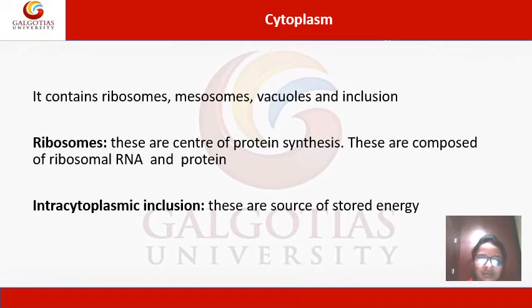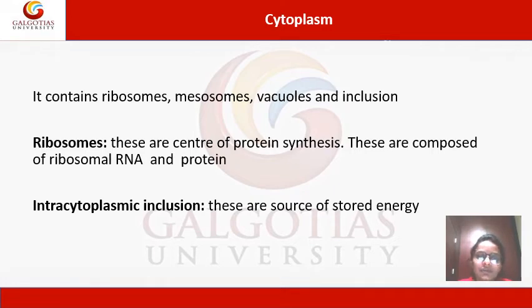First is the ribosome. As already told, it is the center of protein synthesis. If the protein is synthesized inside the bacterial cell, only then will the DNA material be able to replicate inside the bacteria. Next we have the intracytoplasmic inclusion. Inside the cytoplasm we also have small bodies.